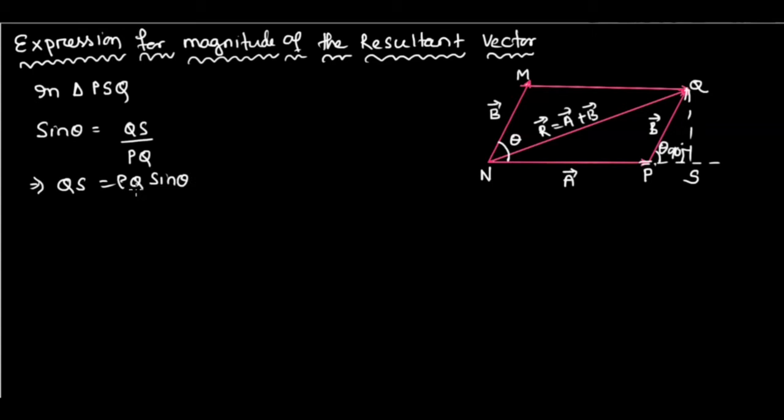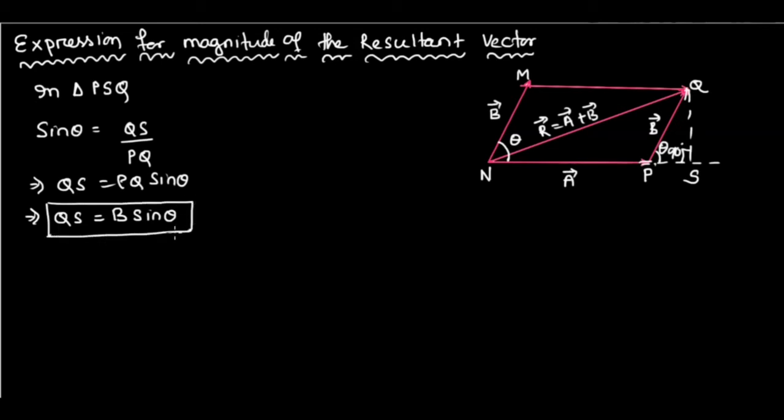PQ is the magnitude of vector B, because we know that the length represents the magnitude. So I can write that QS is equal to B sine theta.